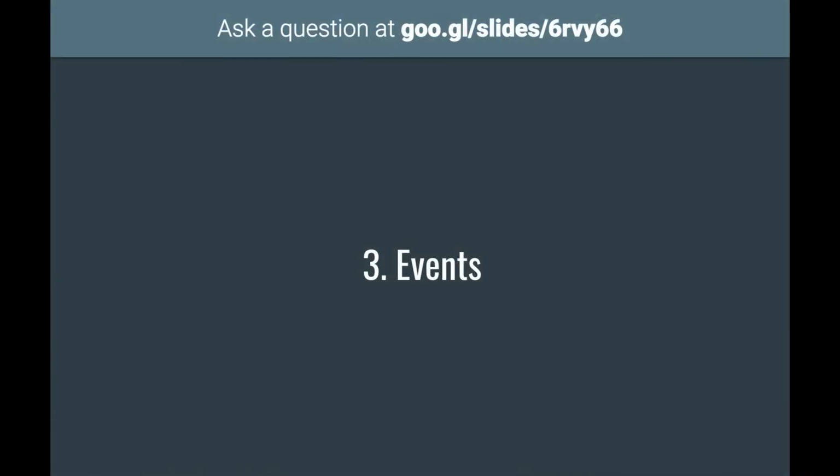And finally, we have events. So the three big things, this is the third one. Events. Events is the part where we answer, what happens when? What happens when we need to have a new person start in our organization? What happens when somebody leaves our organization?